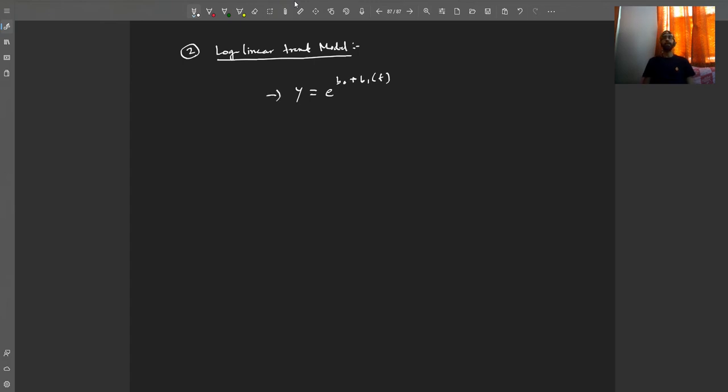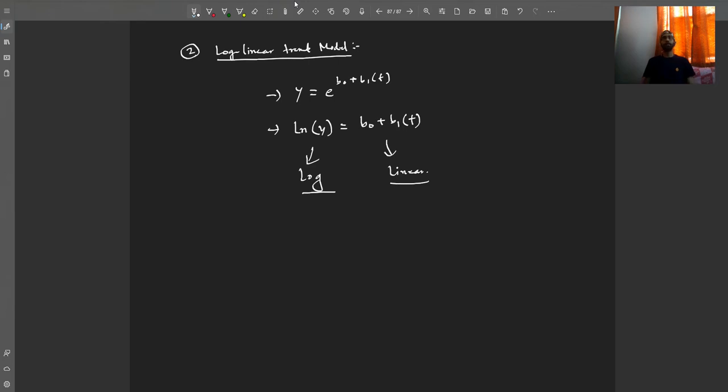If we just rearrange the equation a little bit, this becomes natural log of y is equal to b0 plus b1 multiplied by t. This is called a log linear model. Why? This side it is logged and this side it is the same as linear. So this is called a log linear model.